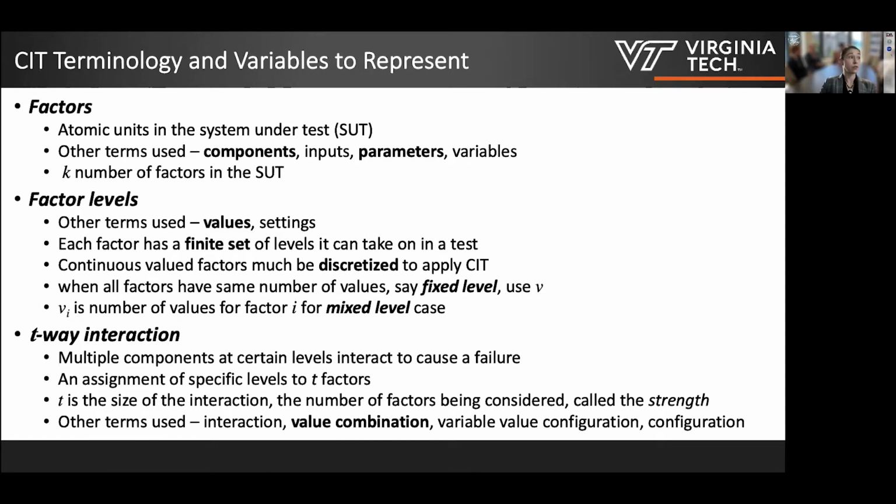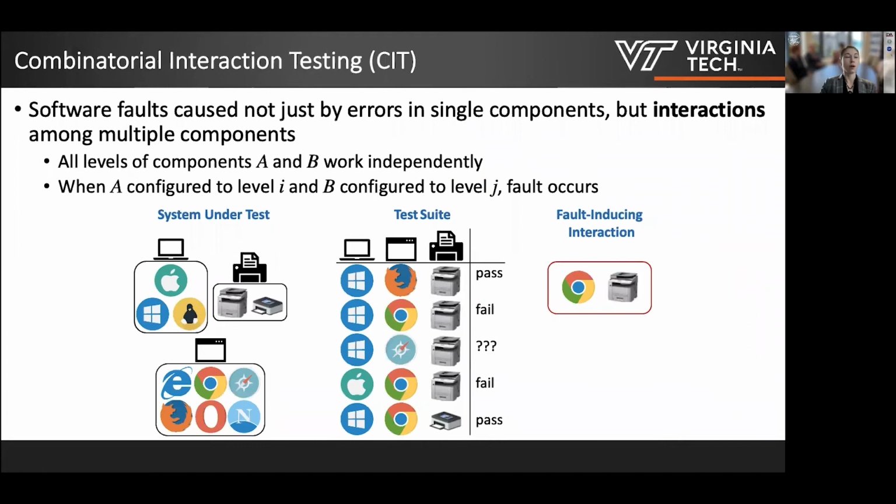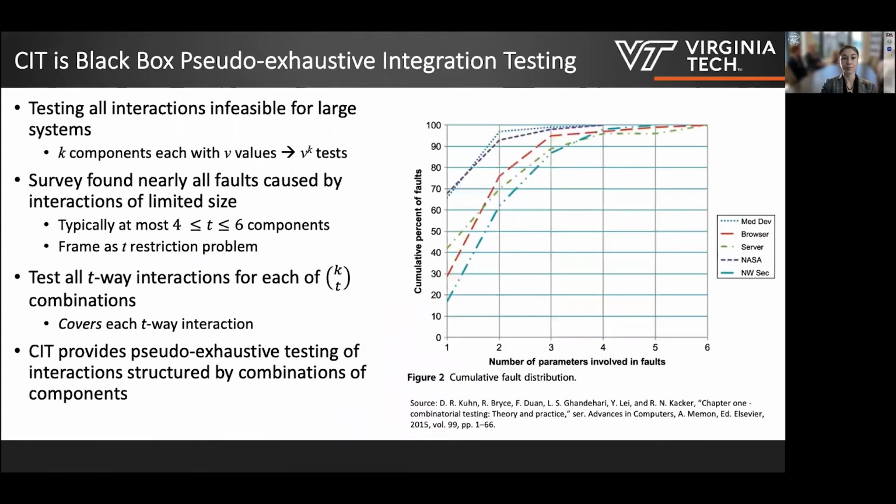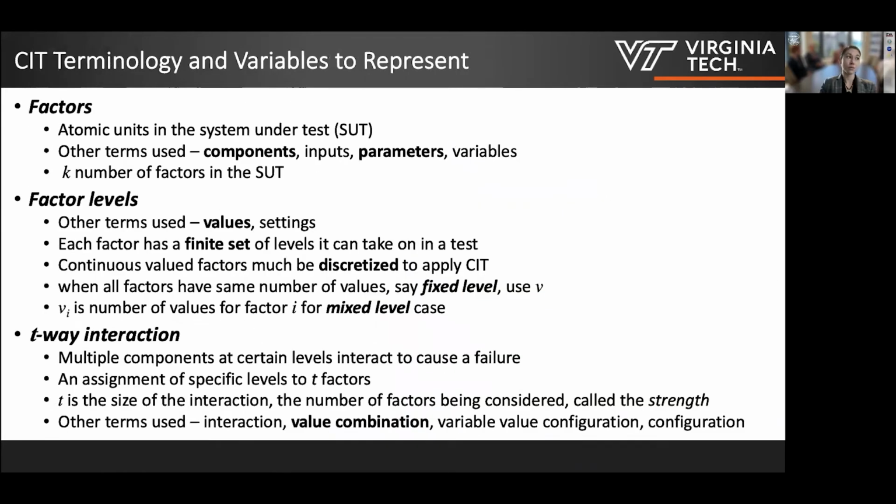Factor levels. Each factor has a finite set of levels it can take on in a test. So again, in this example, the factor levels for the operating system are Mac, Windows, and Linux. The factor levels for the browser are Internet Explorer, Chrome, Opera, Firefox, Safari, etc. Other terms that are used: some people use the term values and some people use the term settings.